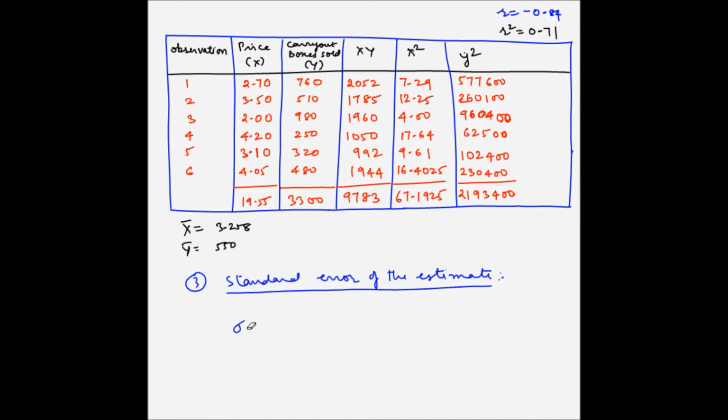So sigma y x is represented by the formula: square root of sigma y square minus a multiplied by sigma y minus b multiplied by sigma xy, divided by n minus 2.